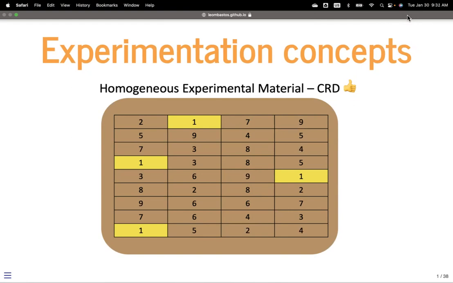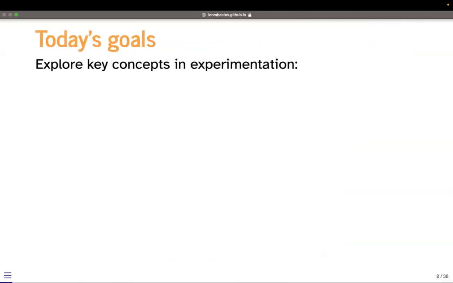I do hope that you already are coming with some of these concepts from previous stats courses, but if not, I do want to provide you a solid foundation because these concepts are going to carry through every statistical analysis that you do that's related to experimentation or planned design studies, right? So these concepts are very important that you understand, not just for this course, but for your own analysis as well. All right, so I'm going to go very quickly through the slides that we have already covered. I'm not going to spend a lot of time there, just as a refresher.